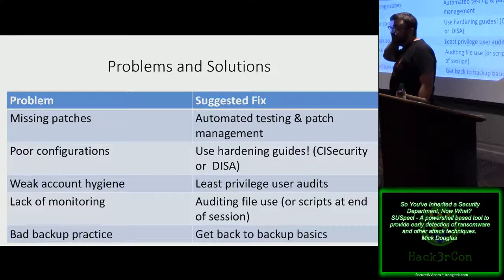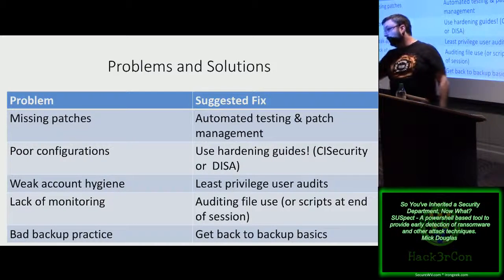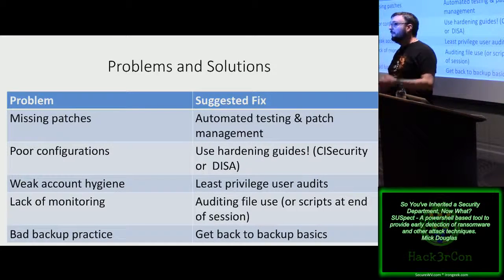Bad backup practice. This right here is the root of the problem when it comes to ransomware. If everybody had good backup strategies, as soon as that little pop-up that says, hey, we need Bitcoin, you should just be like, YOLO, and do the backup.